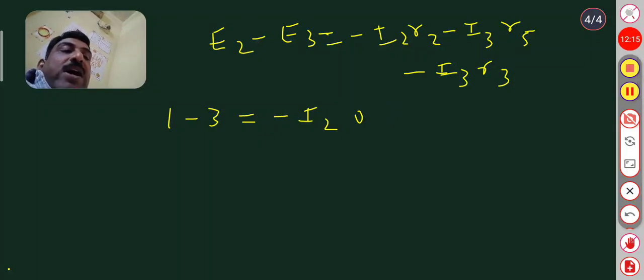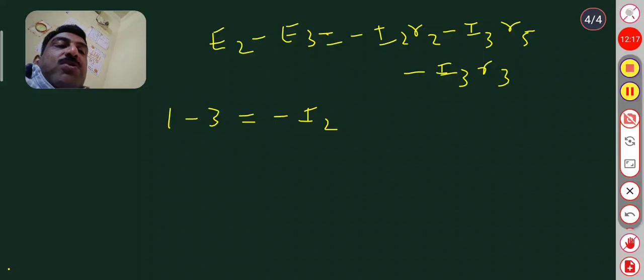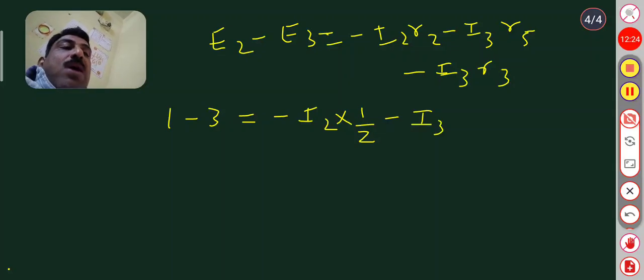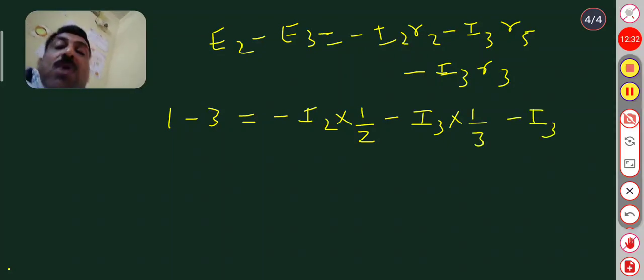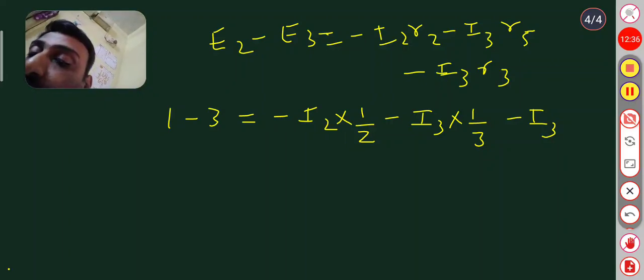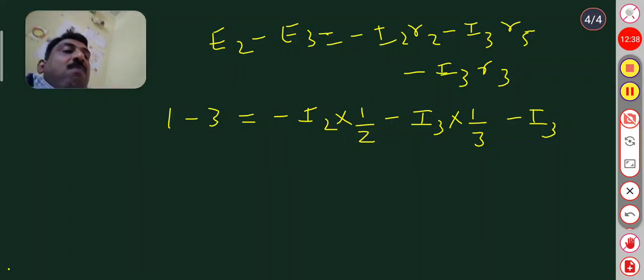So I can write I2 into 1 by 2, minus I3 into R5. What is R5? R5 is 1 by 3, so minus I3 into 1 by 3, minus I3 into R3. What is the R3 value? The value of R3 is 1 by 3.